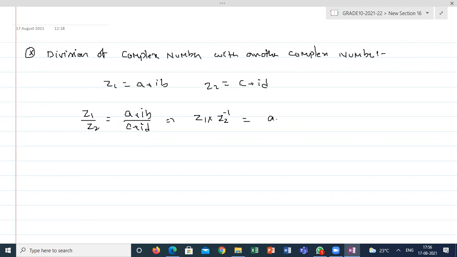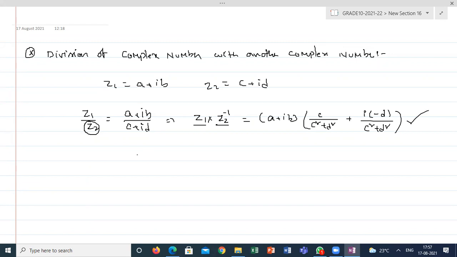This can be written as a plus ib into, what is the multiplicative inverse? c by c square plus d square plus i into minus d by c square plus d square. So now it is ready to multiply, because I don't know how to do the division. So division is nothing but multiplication of the numerator with the multiplicative inverse of the denominator. This is a straight formula.